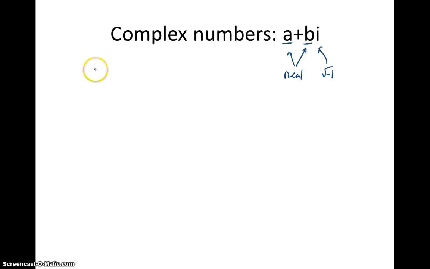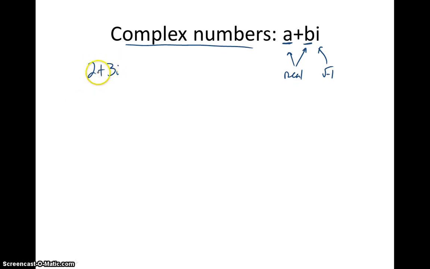So for example, 2 plus 3i is a complex number. Complex because we have a real and imaginary part. So that's why they call it a complex number. It's not simple or real or something. It has a combination of the two. So we have a number from the real numbers, 2, and then we have another number from the real numbers, 3, and that's multiplied by i.